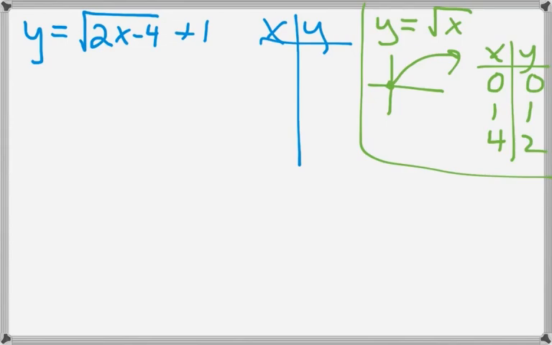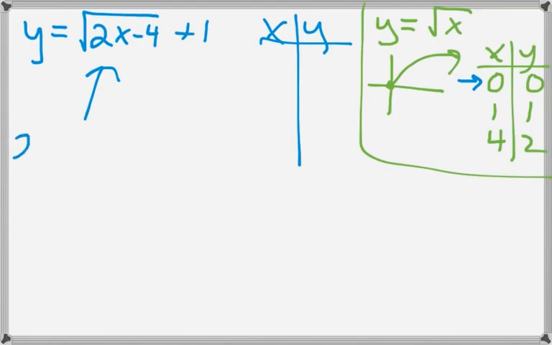Essentially, what we need is to have the same number under the square root as we did before. So for example, in the first point here, we had a 0 under the square root because we were plugging in 0 for x. In this function now, for that first point, we still want to have a 0 under the square root, but that means we can't plug in 0 for x anymore. If we plug in 0 for x, that doesn't give us square root of 0.